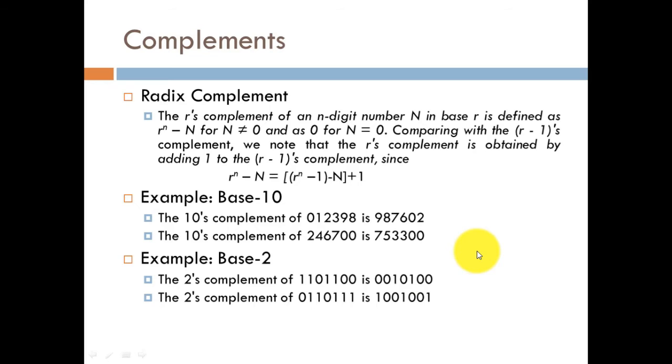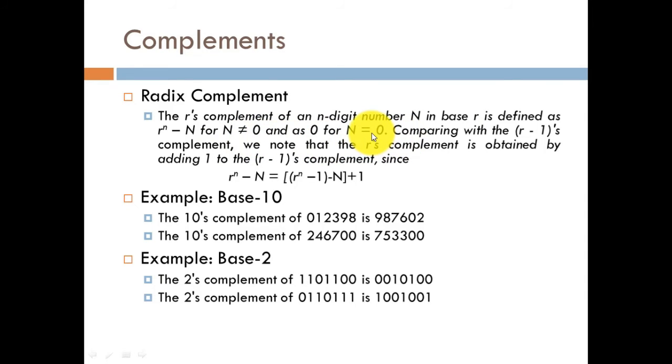So about the diminished radix complement we have already discussed. Now we are going to continue our discussion with the radix complement, or you could say the r's complement. The r's complement of an n digit number, capital N in base r, is defined as r to the power n minus N for N not equal to 0, and as 0 for N equal to 0.